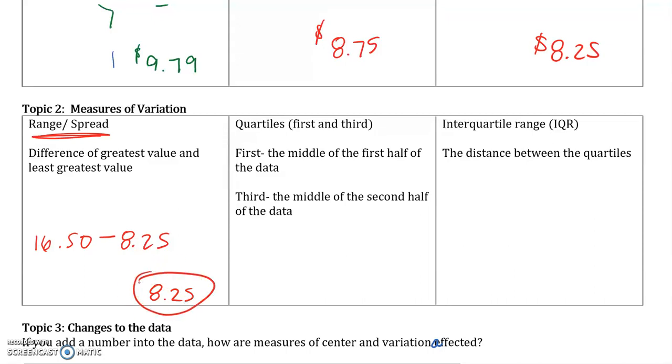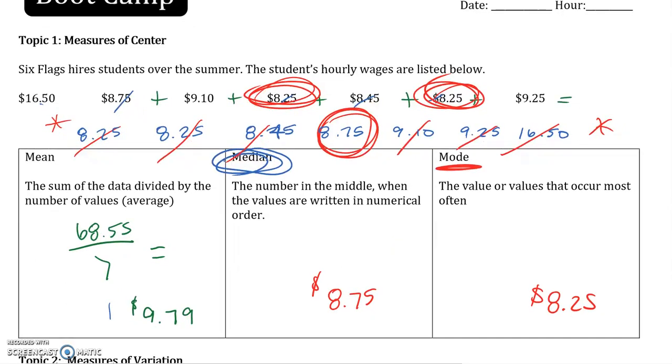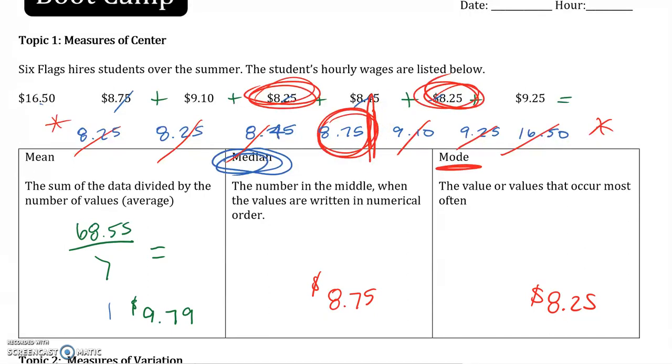When calculating quartiles, you're really looking at more middles. The first quartile is the middle of the first half of the data. So if we go back up here and we look, I'm examining this first section. And I want to know where's the middle.